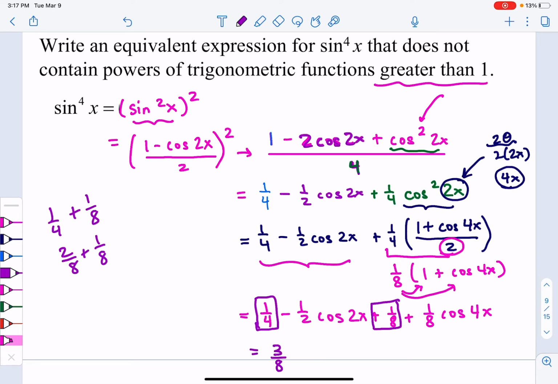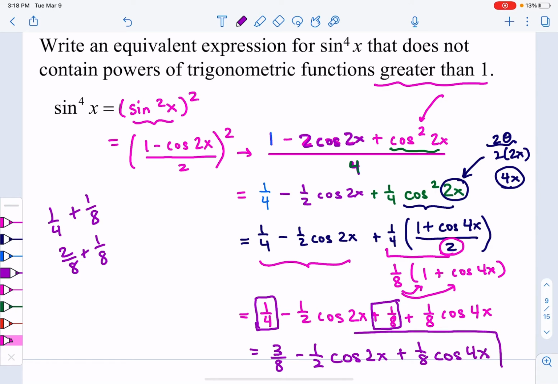I can't combine that cosine 2x and cosine 4x because they're completely different pieces. So I'm going to have a minus 1/2 of cosine 2x and a plus 1/8 of cosine 4x. I don't have any powers greater than 1, and all of my like terms have been combined.